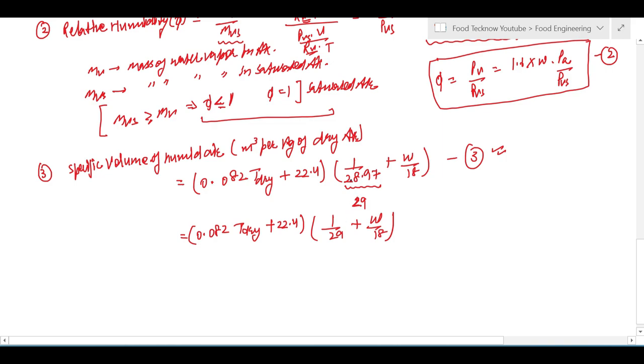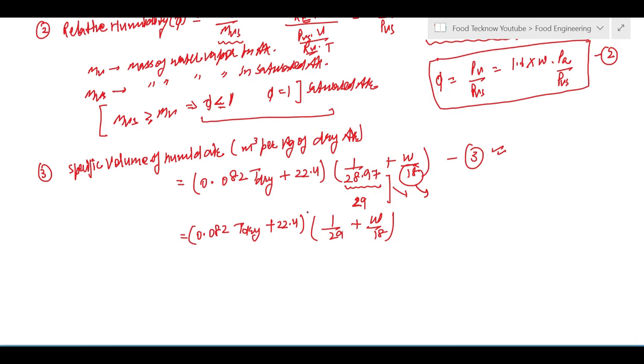If you replace this 28.97 with 29, I know that you can understand that this thing is the molecular weight of the dry air and 18 is the molecular weight of the water. Okay, because the GATE authority gives you a range in which your answer should lie. ठीक है, मैं अभी आपको एक न्यूमेरिकल दूंगा जिससे आपको समझ में आएगा कि आपको एक रेंज दी जाती है जिसके बीच में आपका आंसर मैच करना चाहिए.